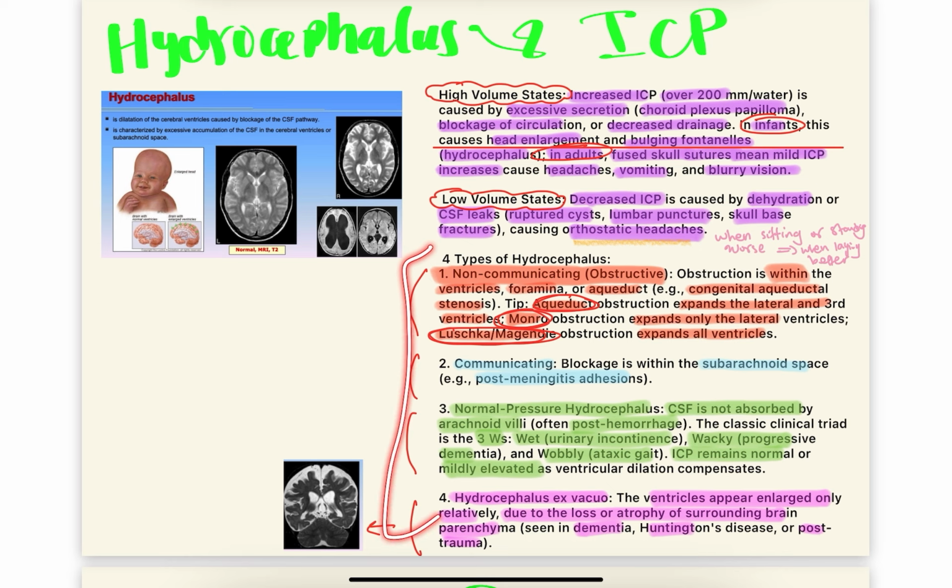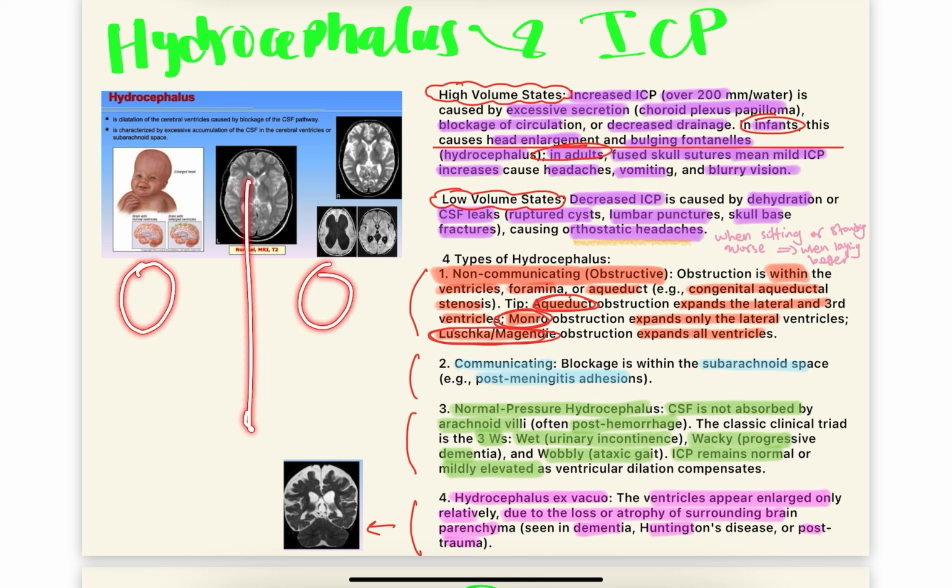Now I have four types of hydrocephalus. Let's start with the non-communicating, or obstructive, one. Non-communicating means I have this area and this area and I put something between them, so they're not communicating. It's within the ventricles themselves, the foramina, or the cerebral aqueduct.